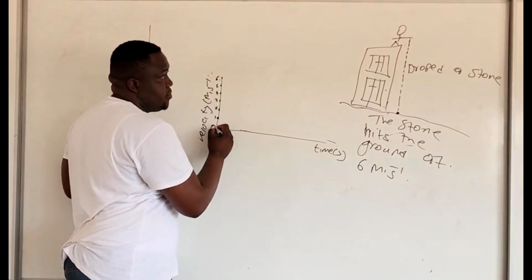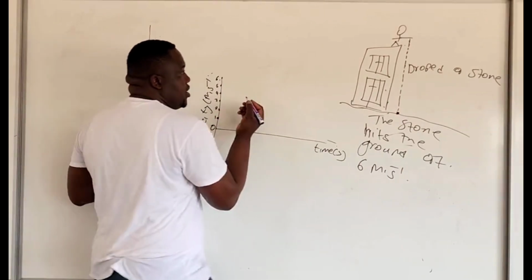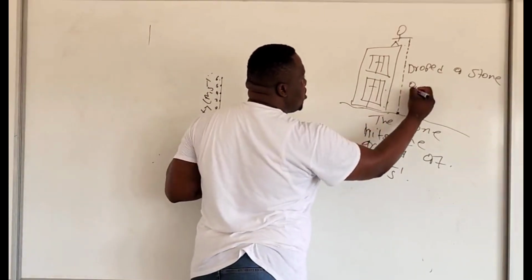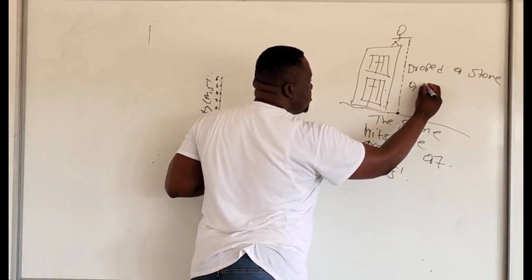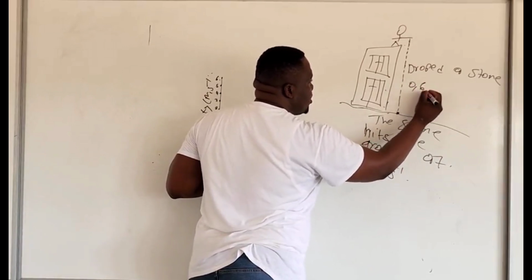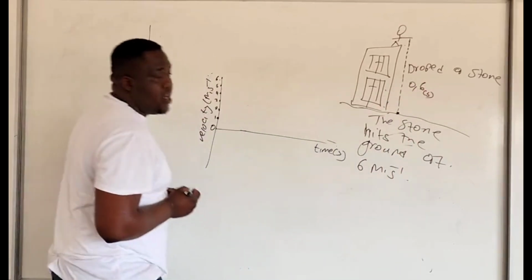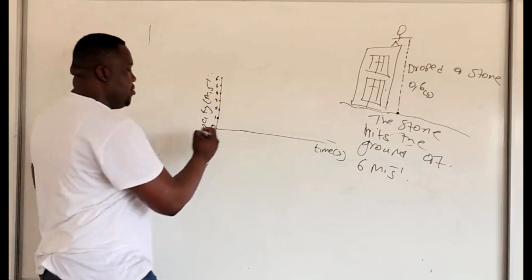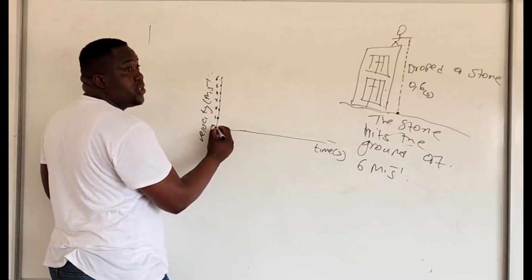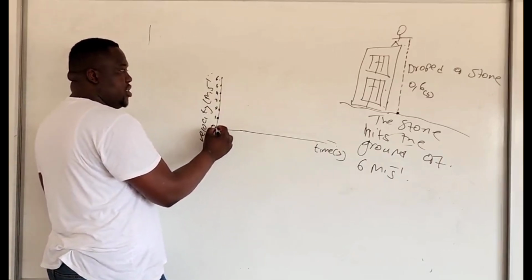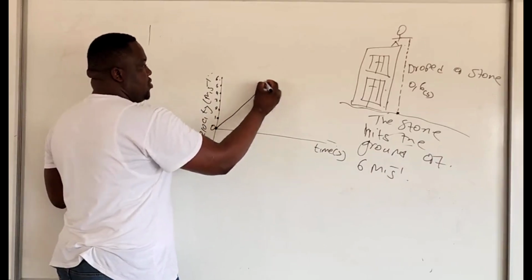See that? Let's say the stone took 0.6 seconds to reach the ground. So if the stone took 0.6 seconds, it means it's going to start from 0. Remember, it is being dropped, meaning that its initial velocity is 0. Then it moves down.